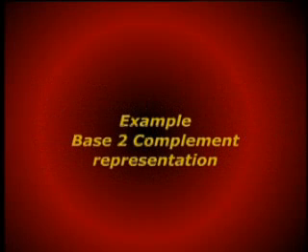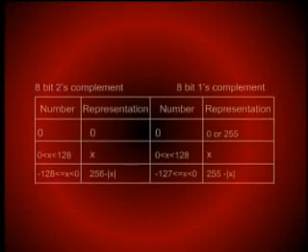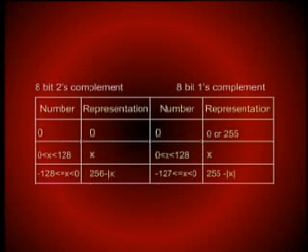Now the next table shows the base 2 complement representation for 8 bits. So if we have 8-bit 2's complement, then the numbers which we could represent are positive values from 0 up to 127, and negative values from minus 128 to minus 1.